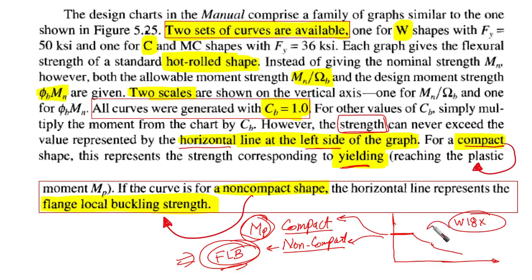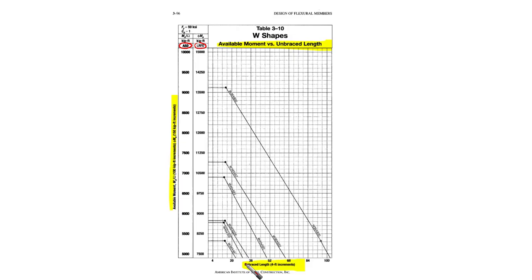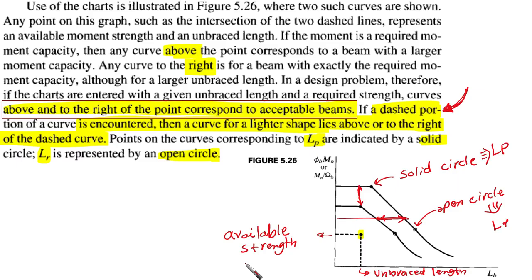And then whenever you enter the curves and the charts, you need to keep in mind that if this shape is compact, then the maximum horizontal line here is going to be Mp, or if this shape is non-compact, in this case, we are going to use flange local buckling. Okay? I'm going to show this in detail in the next example.